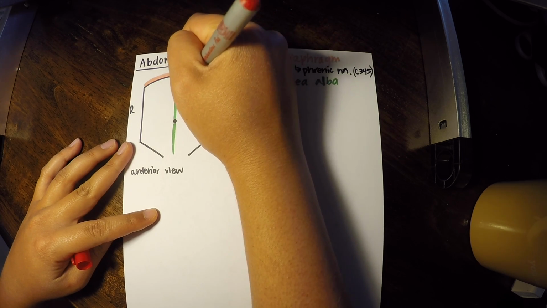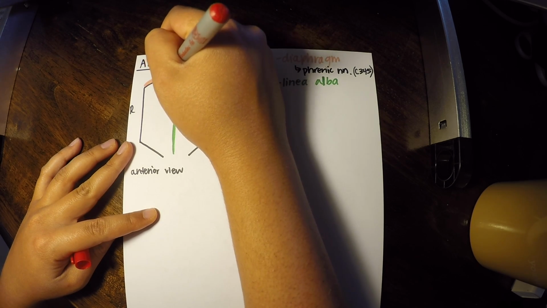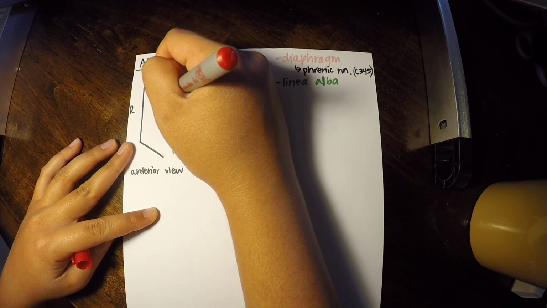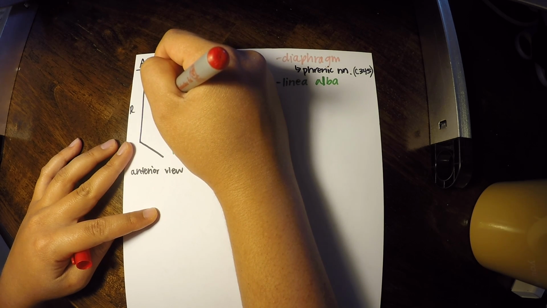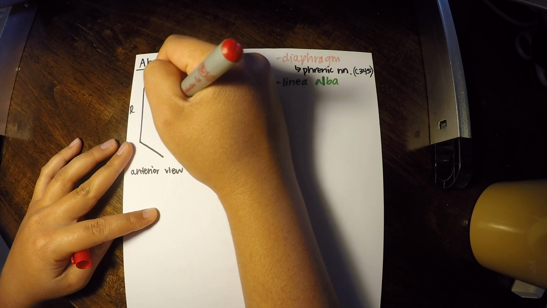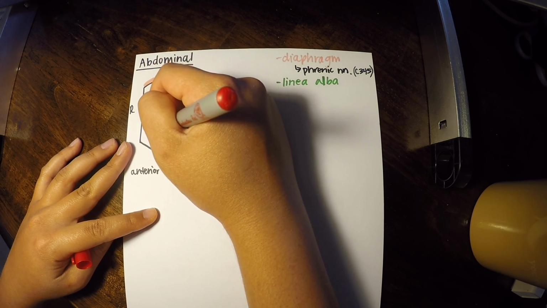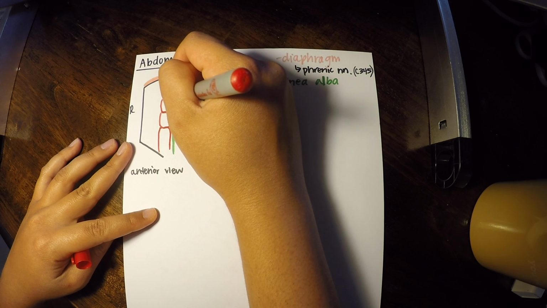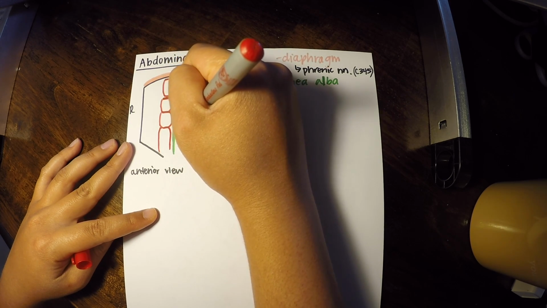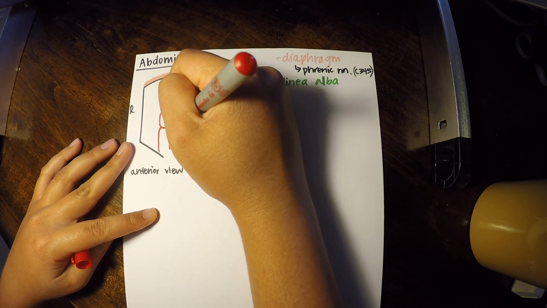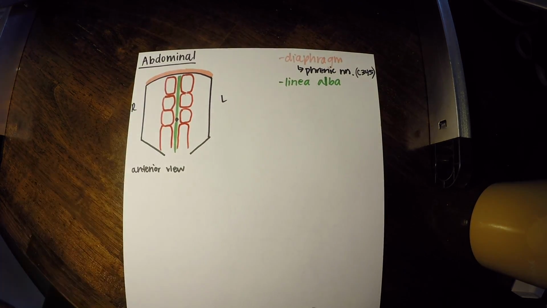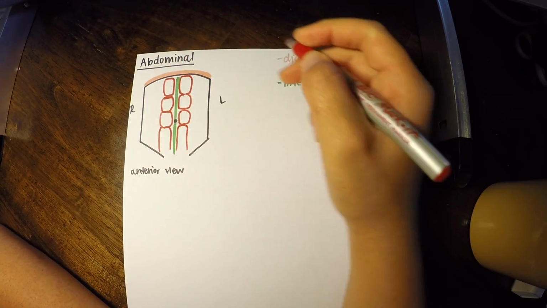So we're going to draw in our rectus abdominis. There's going to be 4 different pieces on either side, and that's where people can get their so-called 6-pack or whatever. So this is our rectus abdominis.